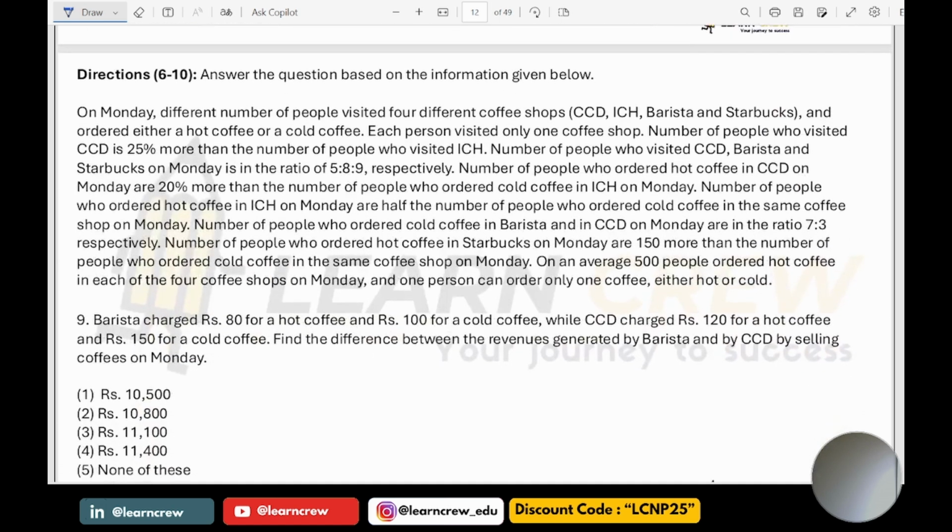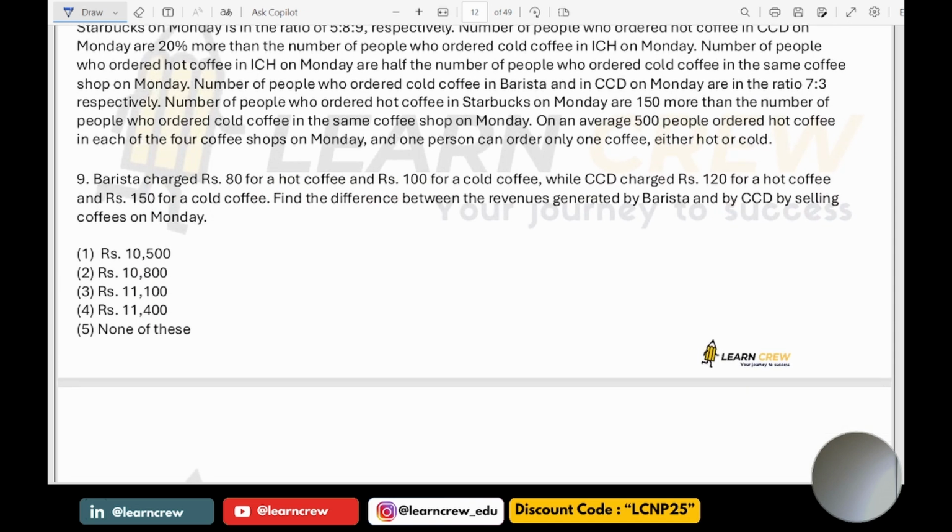Next, ninth one. Barista charged 80 rupees for a hot coffee and 100 rupees for a cold coffee, while CCD charged 120 rupees for a hot coffee and 150 rupees for a cold coffee. Find the difference between the revenues generated by barista and by CCD by selling coffees on Monday.